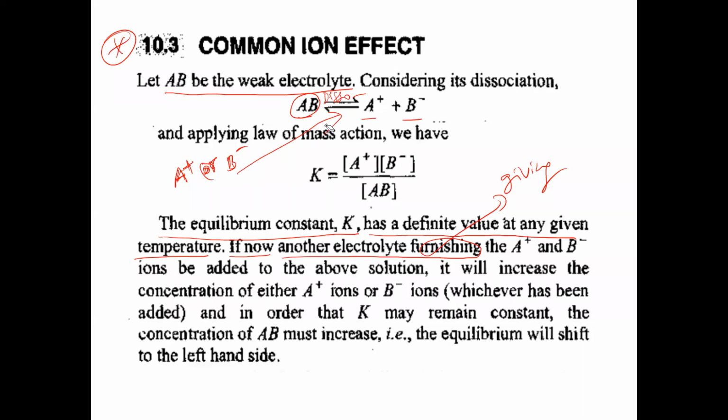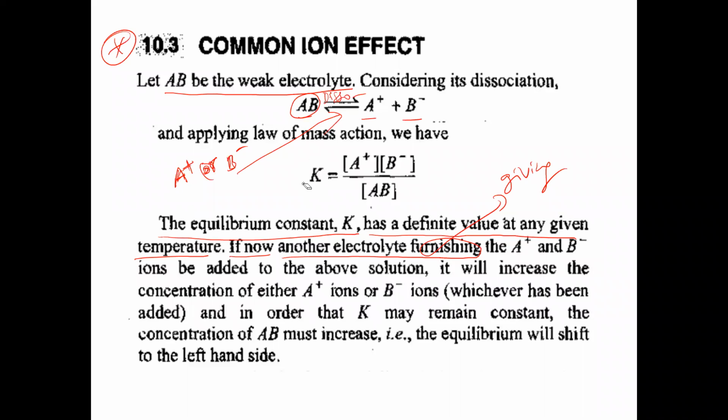Now when we are adding A plus or B minus, the numerator value is increasing. When the numerator value increases, the Ka value also increases. But Ka should be constant at a given temperature.